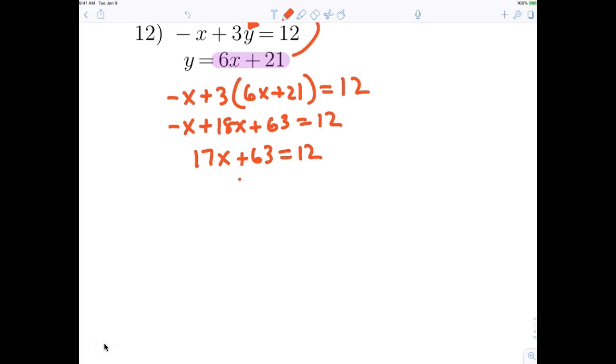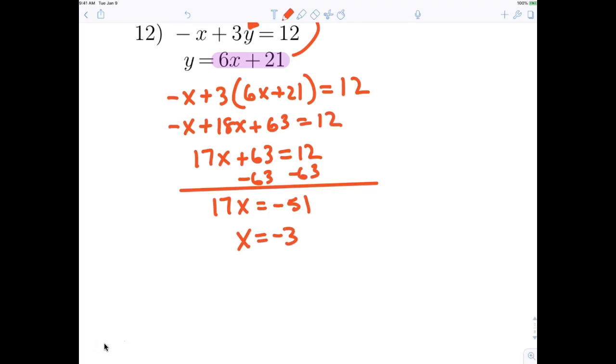Subtract 63. 17x is equal to negative what? Negative 51. X equals negative 3.